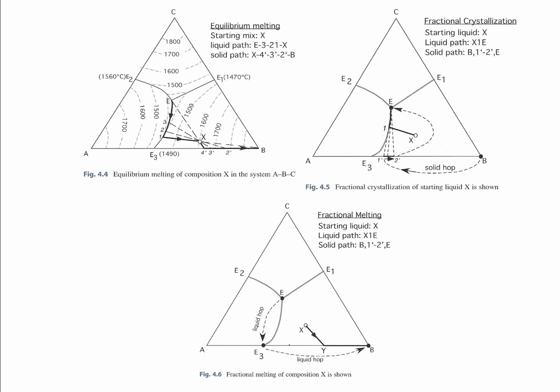Number B, we have fractional crystallization. And number C, we have fractional melting. So, and therefore we are always following other paths, yeah.